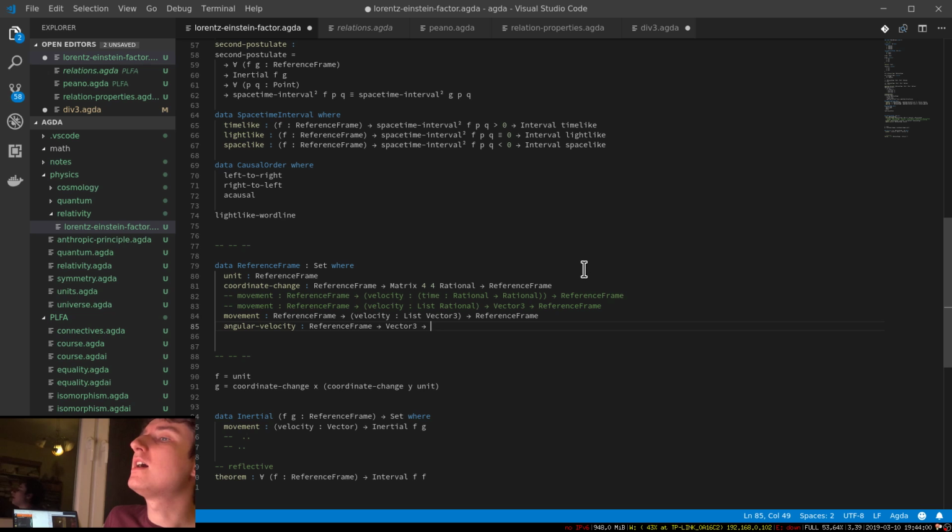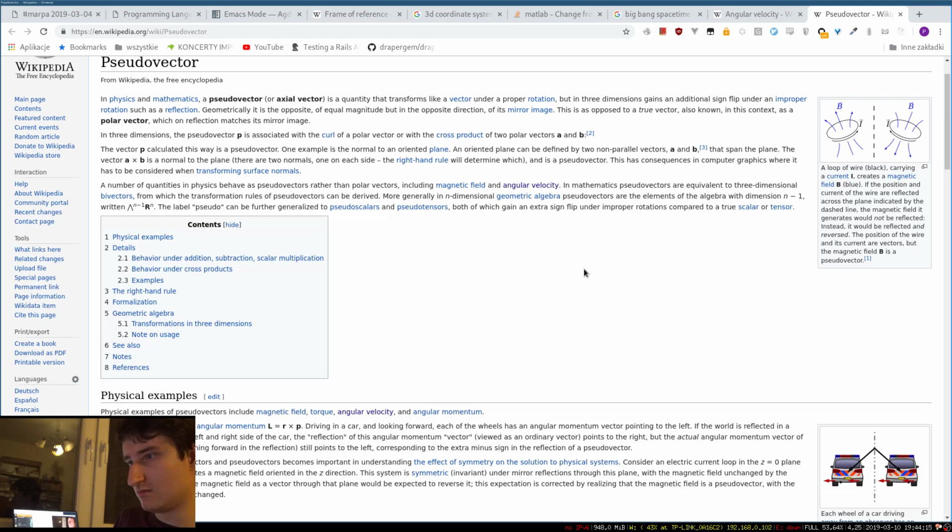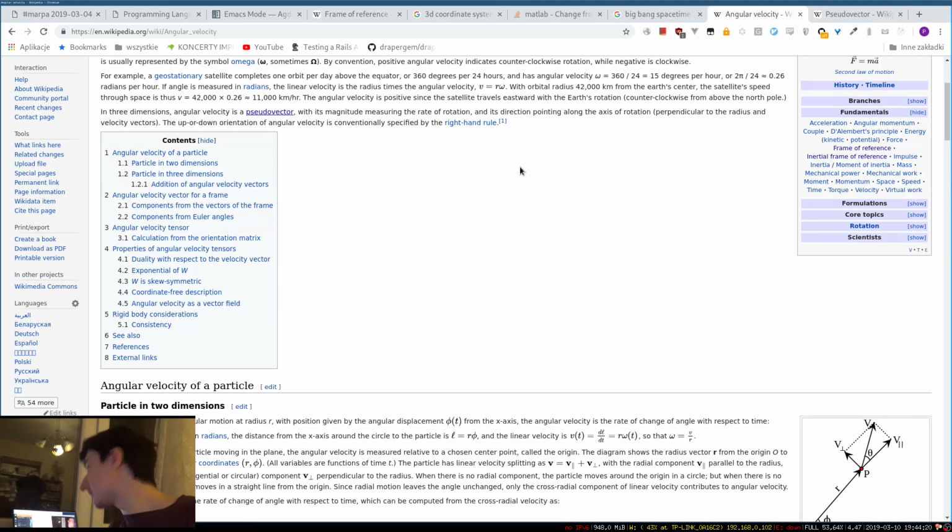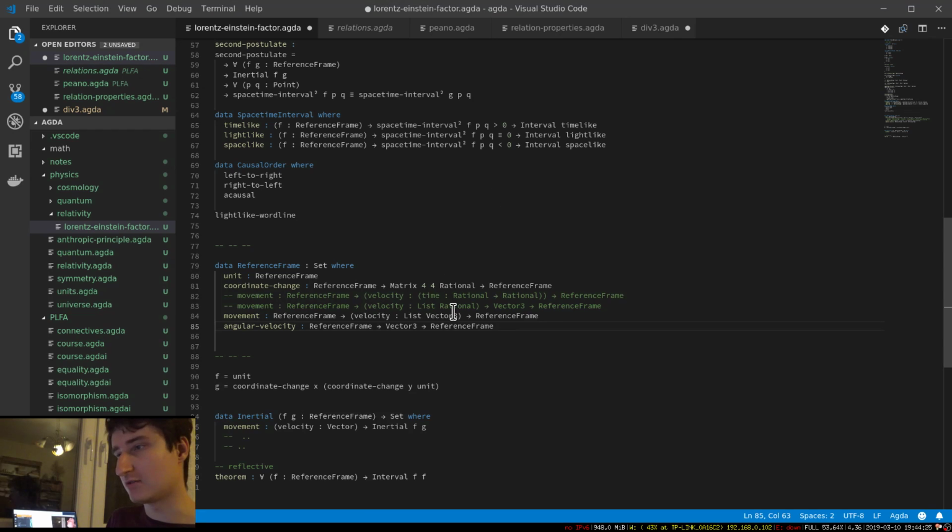Because there is some point, we need to specify the center of rotation as well. And then, is that it? Yes. And we'll get a reference frame.